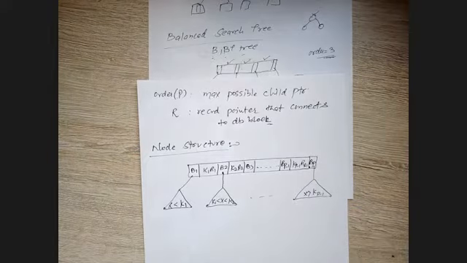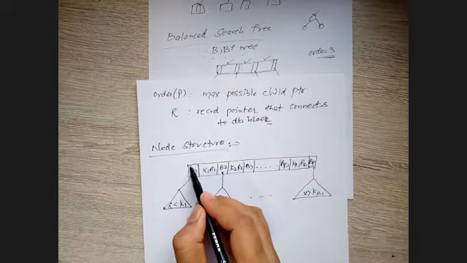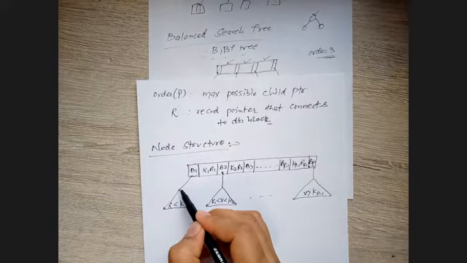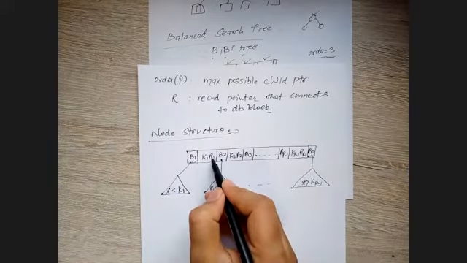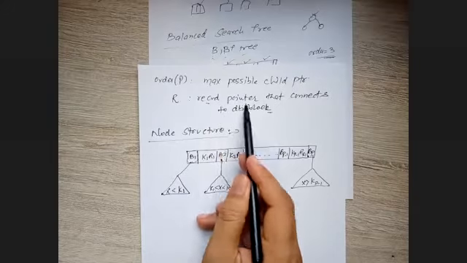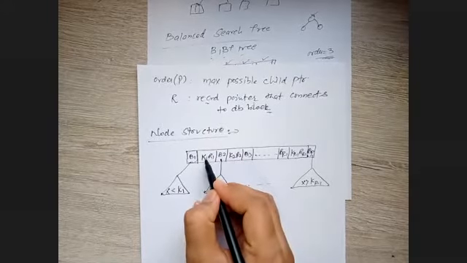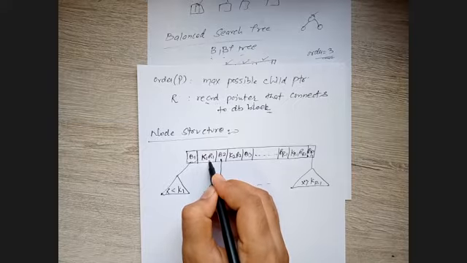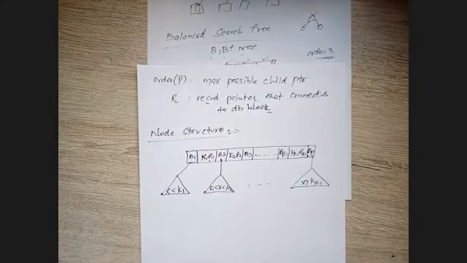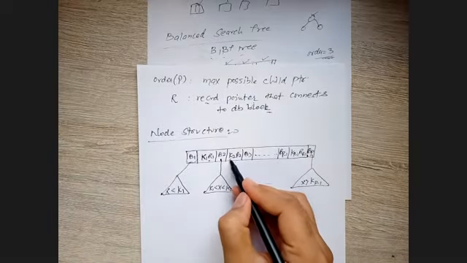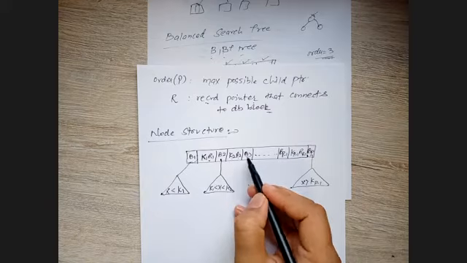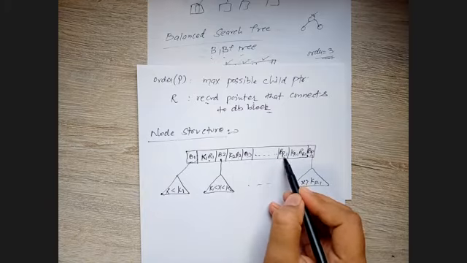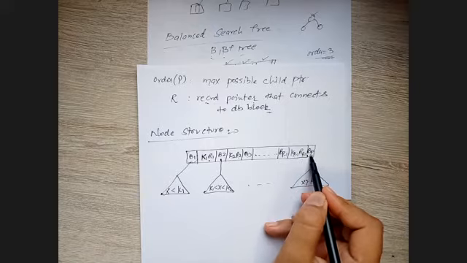This is your block pointer, which will point to the next block at this level. K1 R1: K1 is the key and R1 is the record pointer. This will be the key value for this record, and one pointer will be there, which points to the database block where your actual record is kept. In the same way, we have K2 R2, then block B3 and so on, till BP minus 1, KP minus 1, RP minus 1, and then BP, the block pointer.